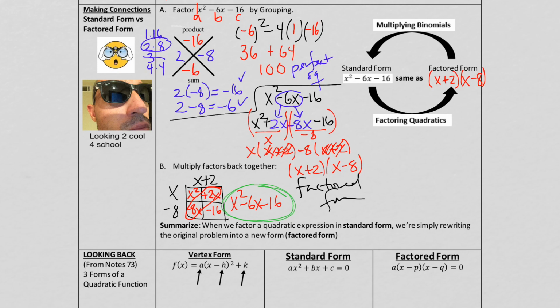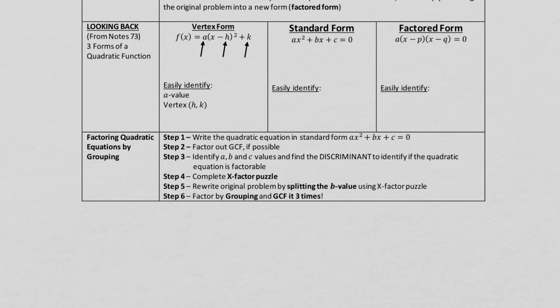Okay, with that, to summarize, when we factor a quadratic expression or equation that's in standard form, we're simply rewriting the original problem into a new form, which we know from before, called factored form. As a quick review of those terms, we had this back in note 73, where we showed you all 3 forms of a quadratic: the vertex form, standard, and factored form.